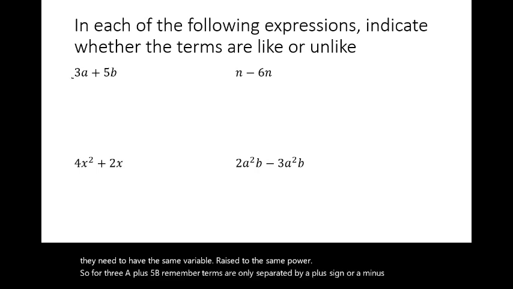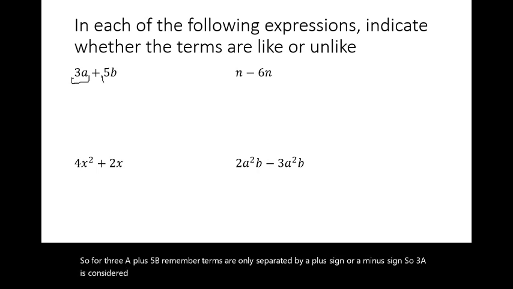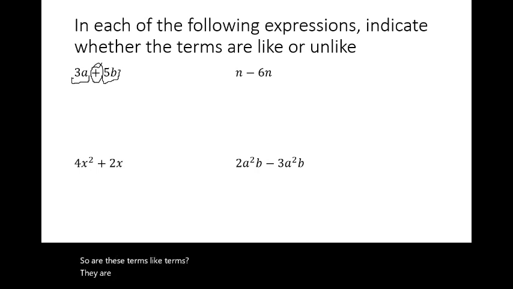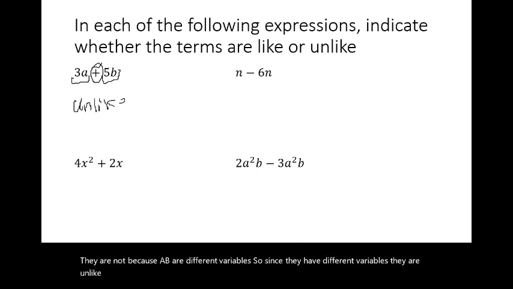So 3a is considered one term, and 5b is considered one term, and the plus sign is what separates them. So, are these terms like terms? They are not, because a and b are different variables. So since they have different variables, they are unlike terms.